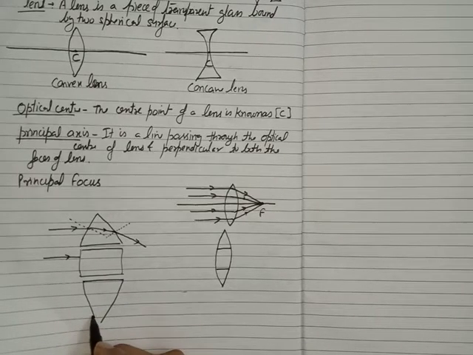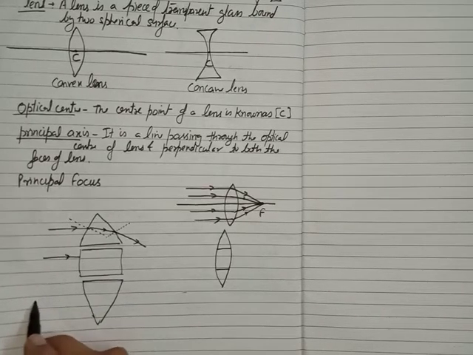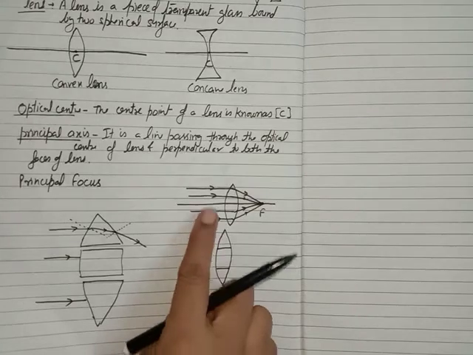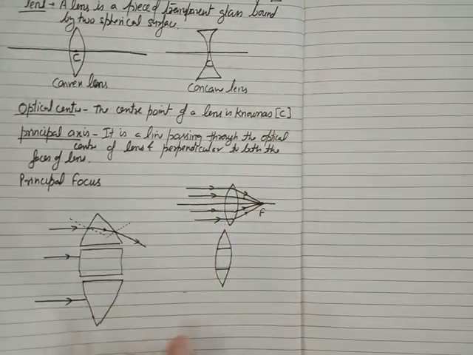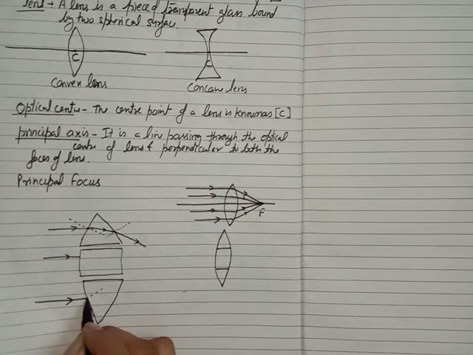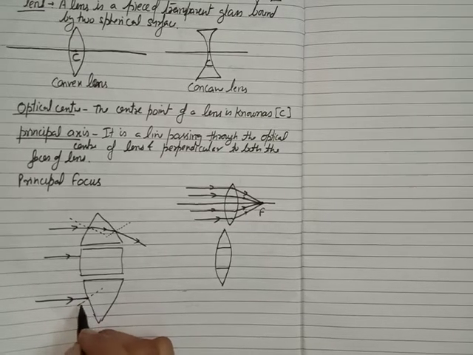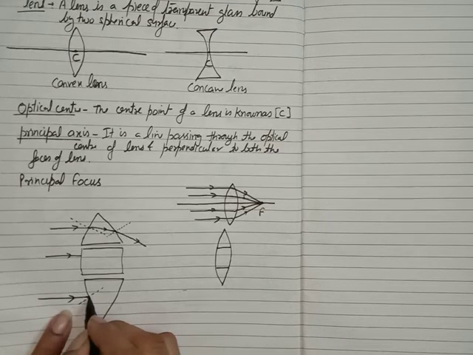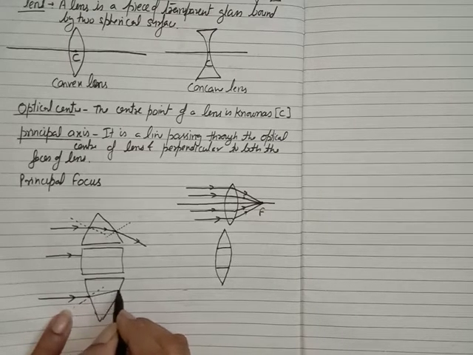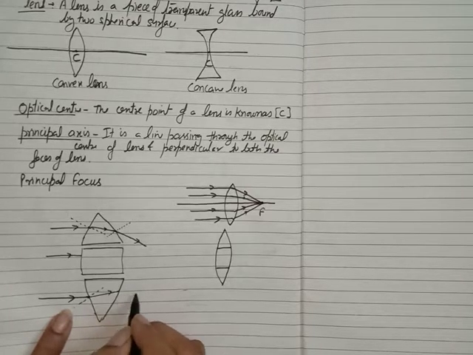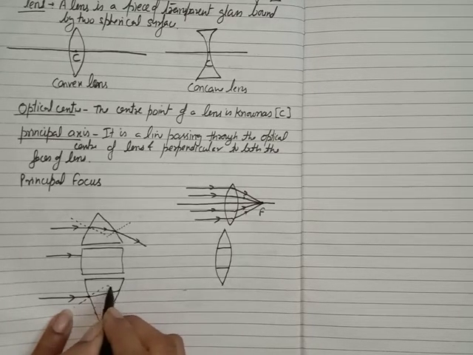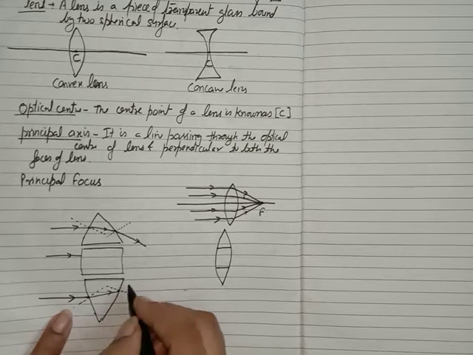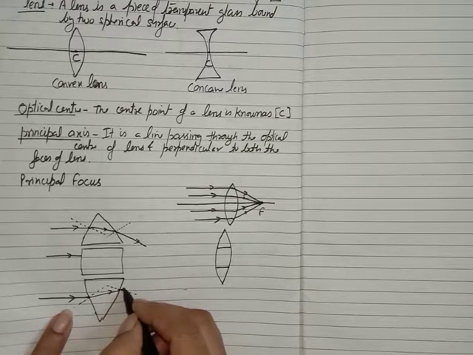And what about the next portion? This is an inverted prism, and this is the light ray coming parallel to the principal axis. This is the normal at this point, perpendicular to the surface, and we know that when light passes from air to glass, it bends towards the normal. It means it will bend like this. And when the light passes again from glass to air, this is the normal at this point, it bends away from the normal.